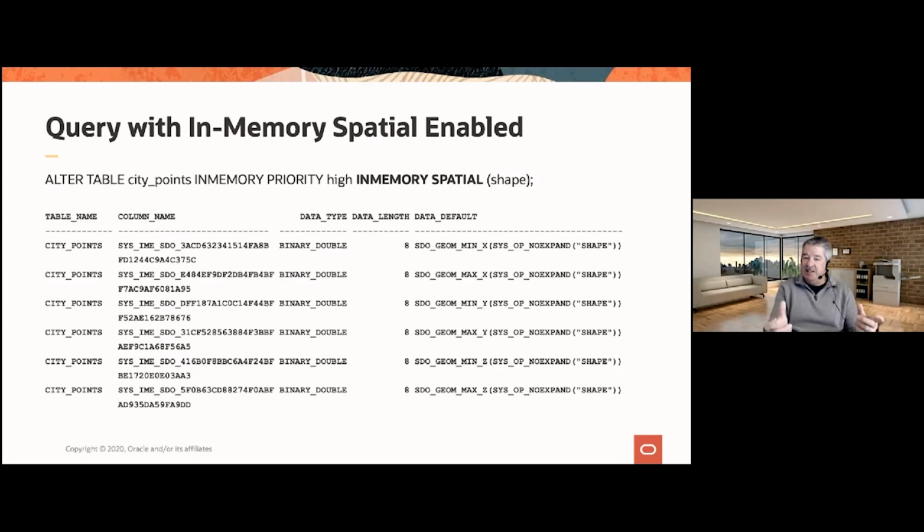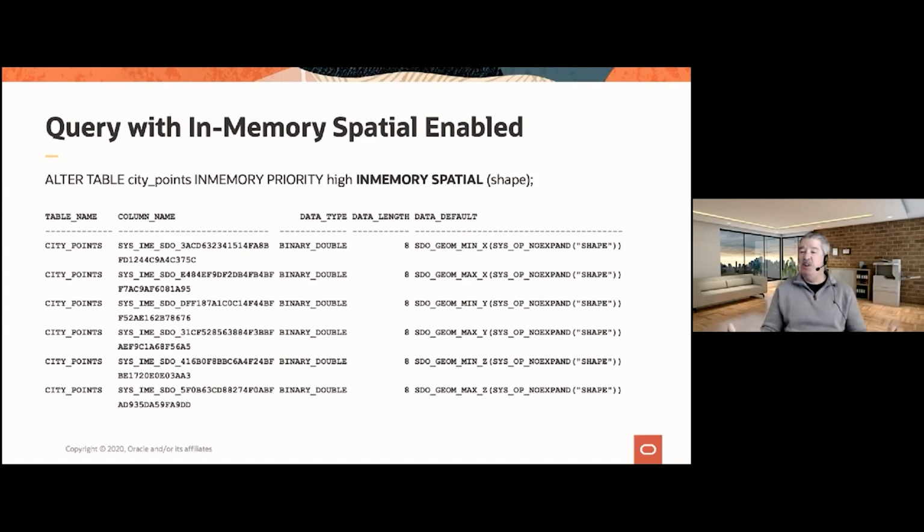Then these options, both for spatial and text, will be created at population time. So there's some additional overhead for population, but once the data is populated, there's no additional overhead, except, of course, since we're populating these as in-memory expressions, in essence the virtual columns, we are going to take up more space.